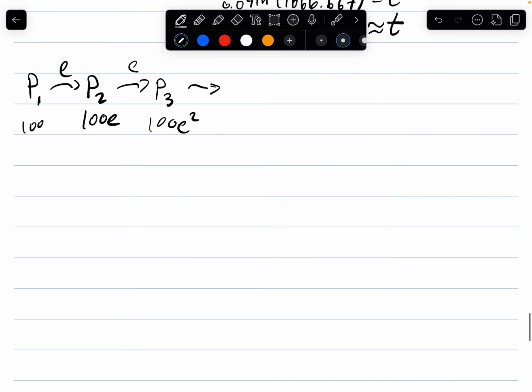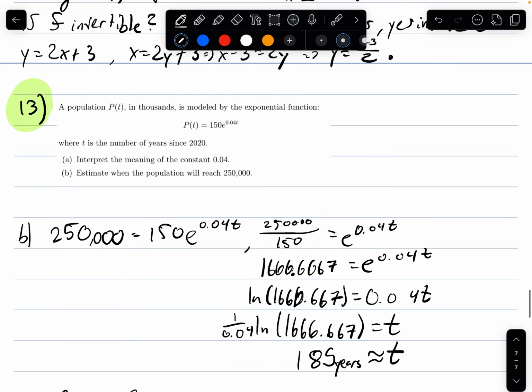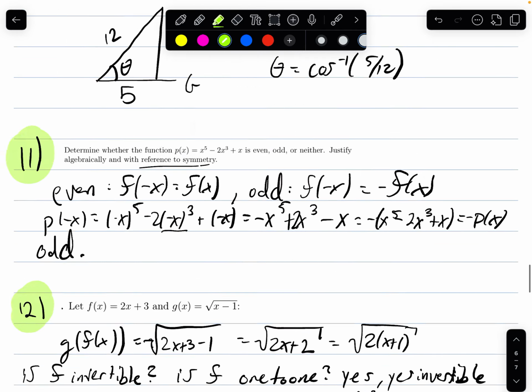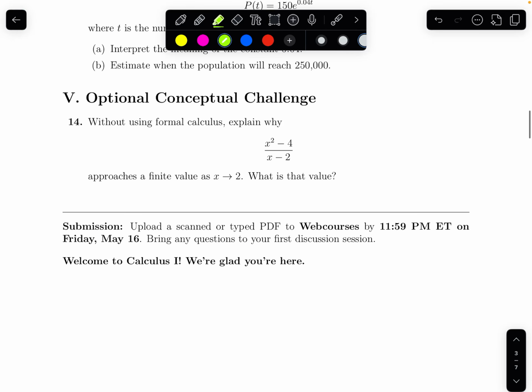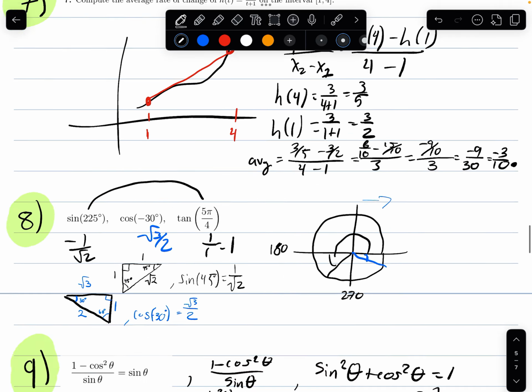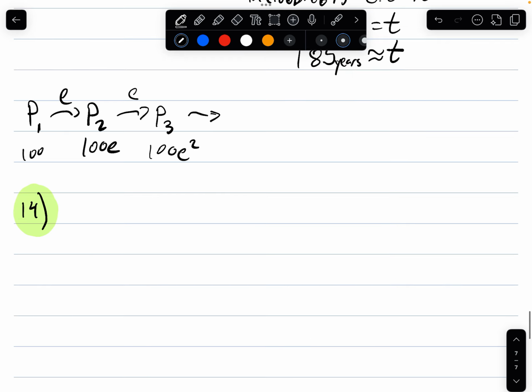So, and now finally we can go down to, I think this is 14. Without formal calculus, explain why this approaches a finite value. Well, we already kind of covered this in class a lot when we talked about limits, but we can talk about this a little bit.